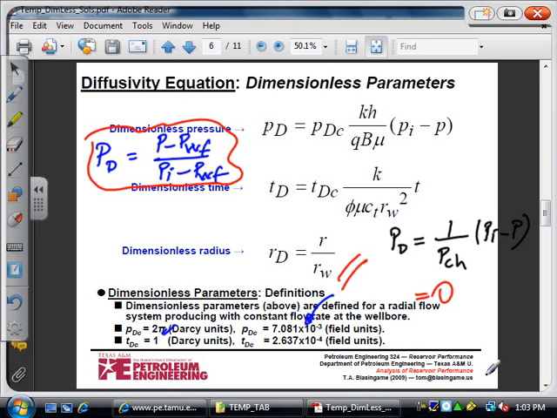Because PD equals 0 at the initial condition, so at the initial condition your P will become Pi. So this form will equal 0, right? And then this was the first step. The next step is to solve for the P characteristic, and you do this by using Darcy's law, as you said. Okay?